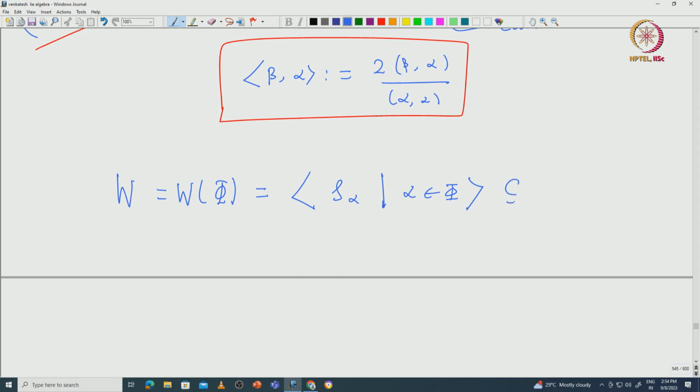This is clearly a subgroup of GL of E, the set of all invertible linear transformations from E onto E.